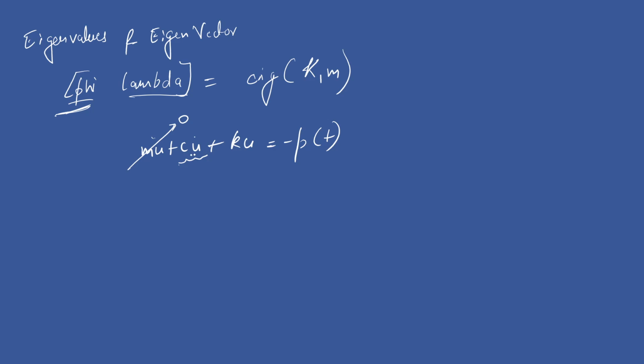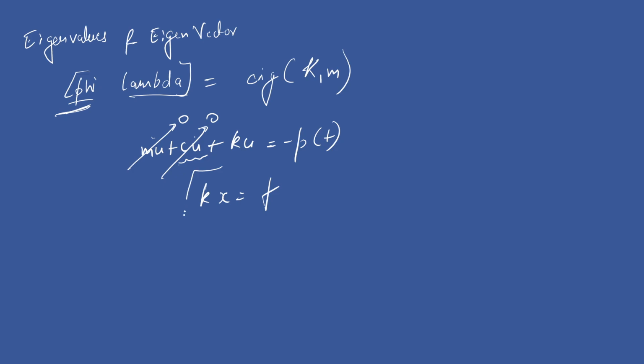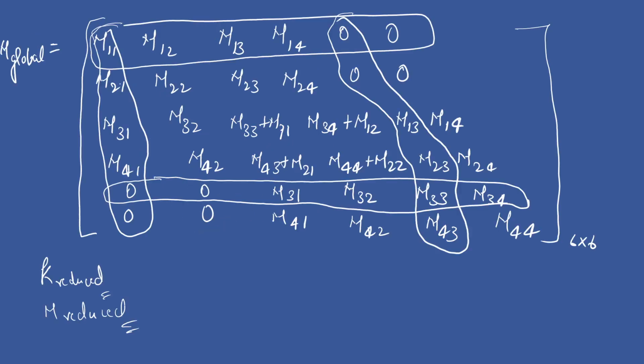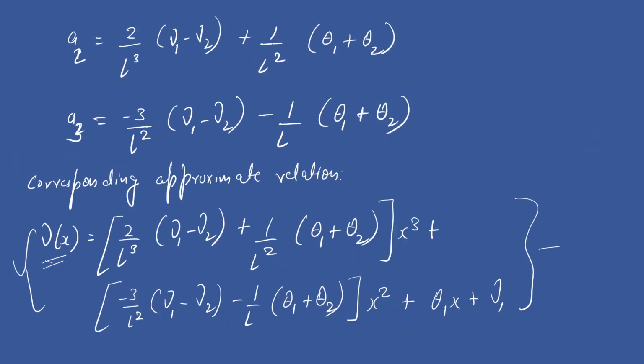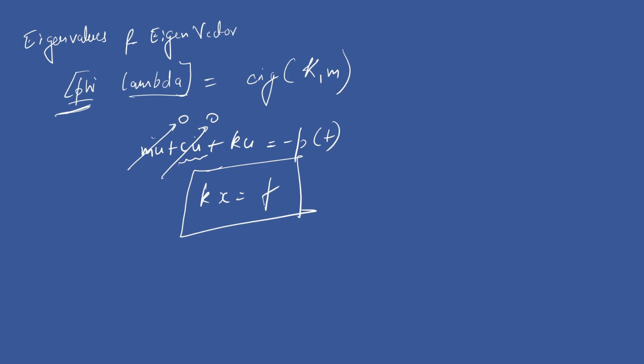Anyhow we are not considering the damping in the system, so this will be 0. So the only thing you will be having is k x equals f. So this is how you can get the solution using the Cholesky decomposition. But before that, let's evaluate what your eigenvalues and eigenvectors look like.